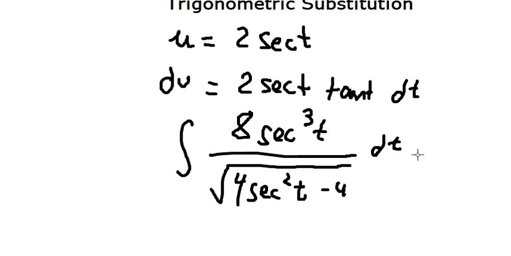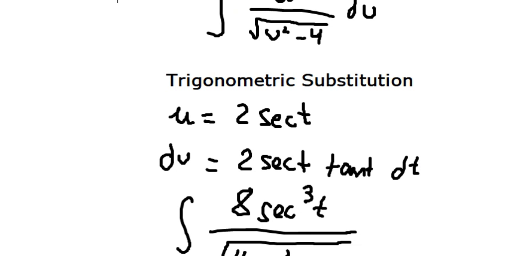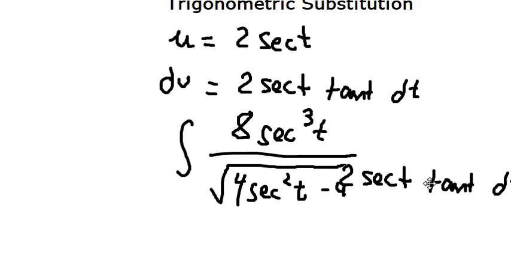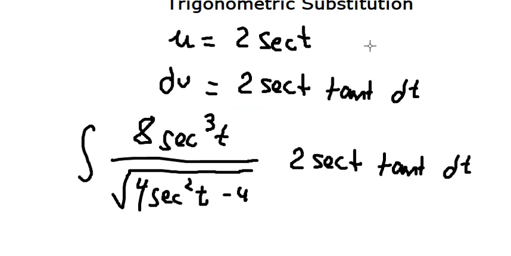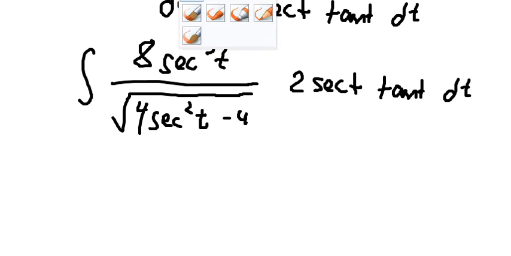Sorry, about du, we change for this one. So we put 4 outside the square root, you got 2.